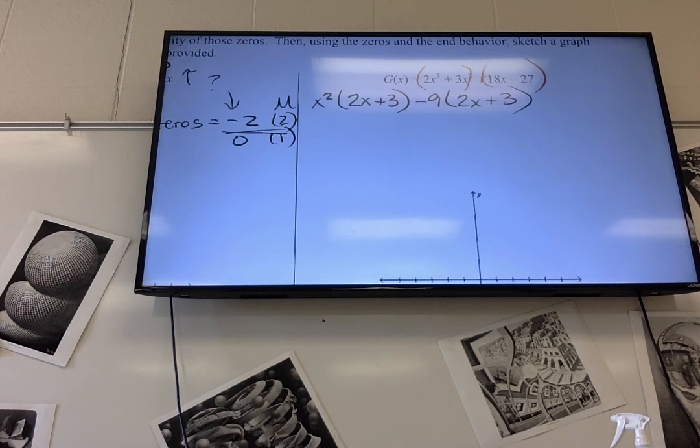Good to know. So we have 2x plus 3 and x squared minus 9. That'll factor. What does x squared minus 9 factor into? x plus 3 times x minus 3. It is a difference of two squares. See how all this is coming into play? That's why all this was in the same section.